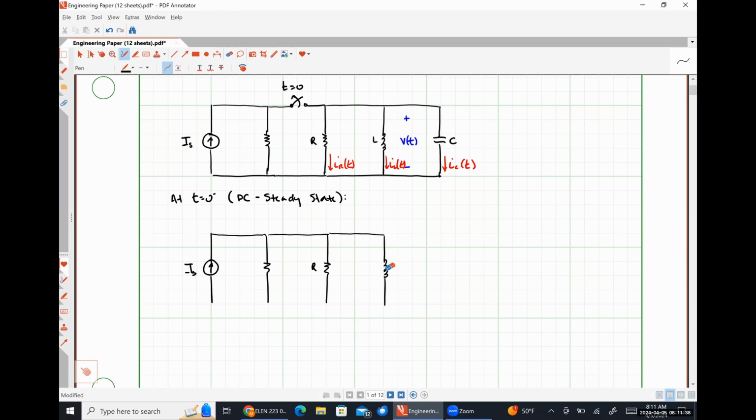Actually, that's a mistake. Because we're at DC steady state, our inductor should look like a short circuit, and our capacitor should look like an open circuit.